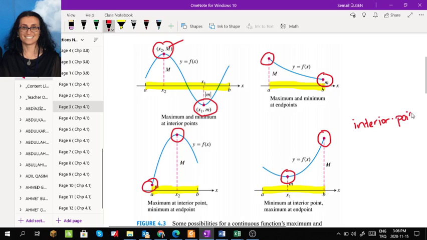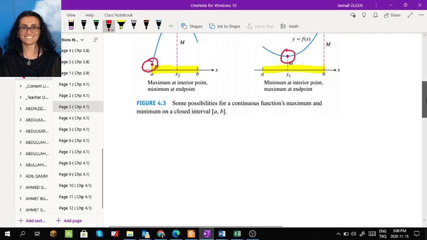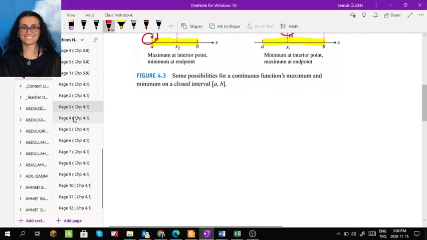And endpoint means it's the end of the interval, right? So here you have the minimum at an interior point. Here you have the maximum at an endpoint. All right.